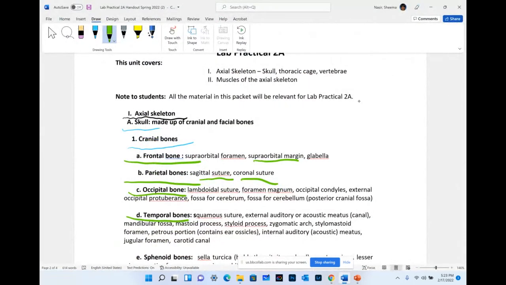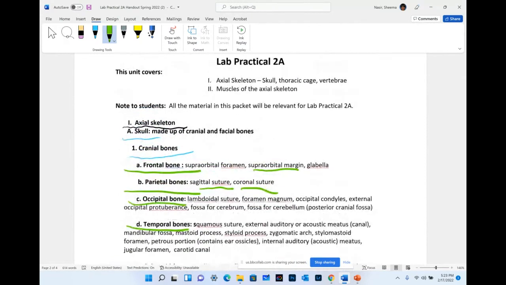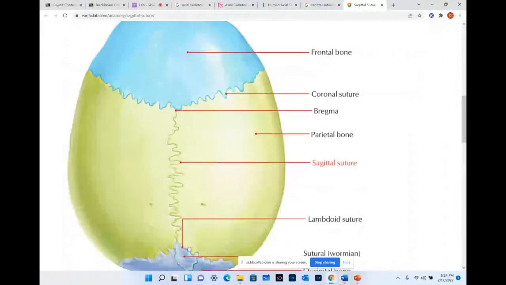The next thing we are going to do is occipital bone. So we are done with frontal, parietal. Now we are on occipital bone. Occipital bone is going to have lambdoid suture, foramen magnum, occipital condyle, external occipital protuberance, fossa for cerebrum and cerebellum. So let's look at that.